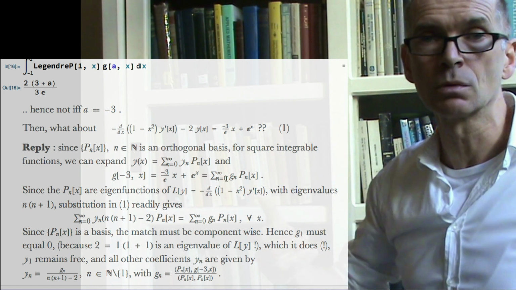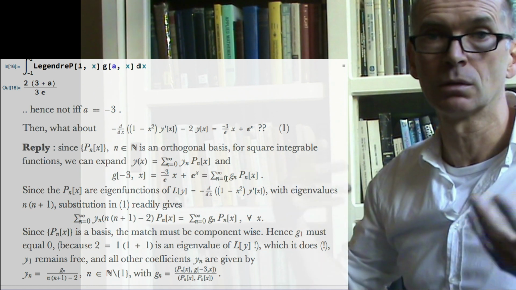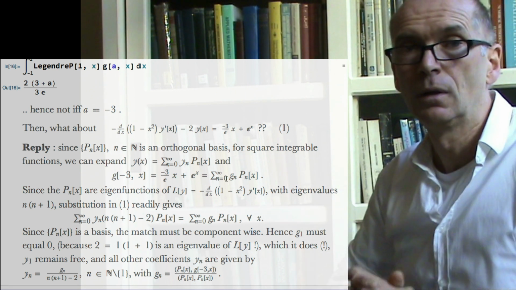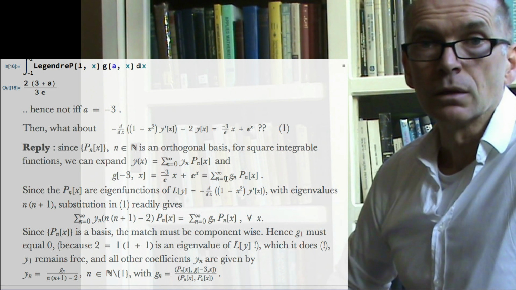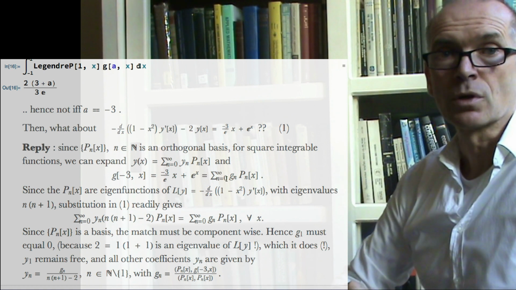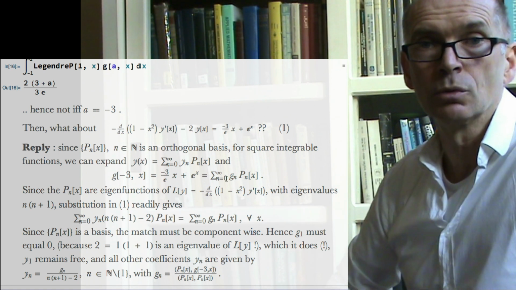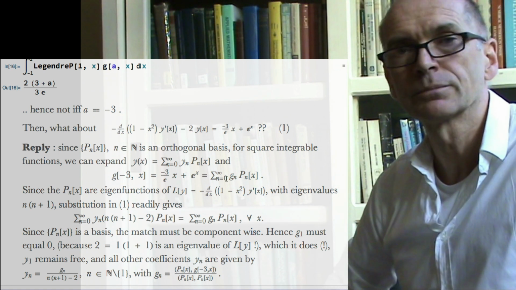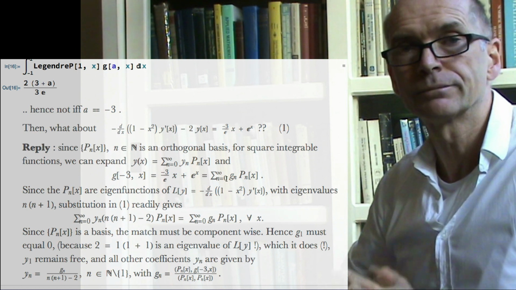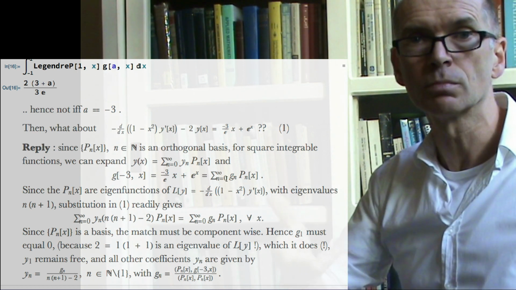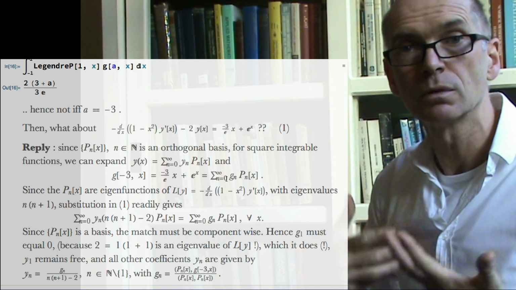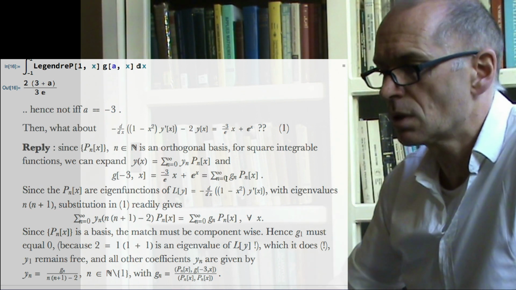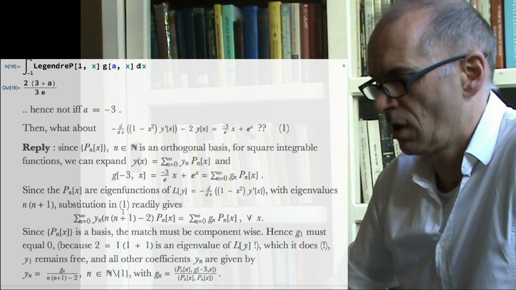I don't expect you to know all kinds of special functions by heart and to know exactly what the eigenvalues are. I do expect you to know that as a good engineer, but that is not required under the circumstances of a closed book exam. So that would be given.